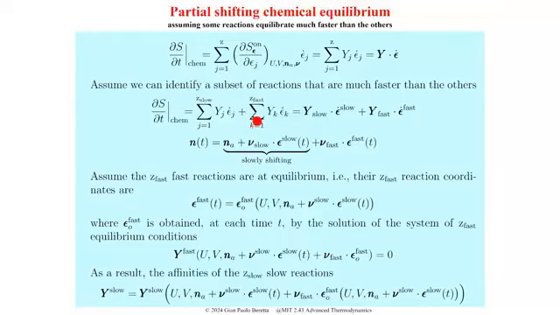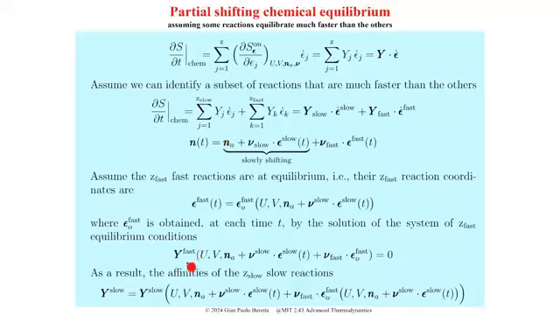But one might be led to conclude that the fast reactions don't contribute to the entropy production because this sum is equal to 0. No, that would be a wrong conclusion, because this assumption makes the epsilons of the fast reactions appear in the affinities of the slow ones.